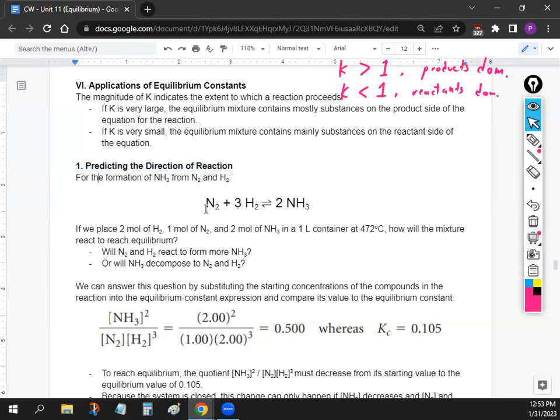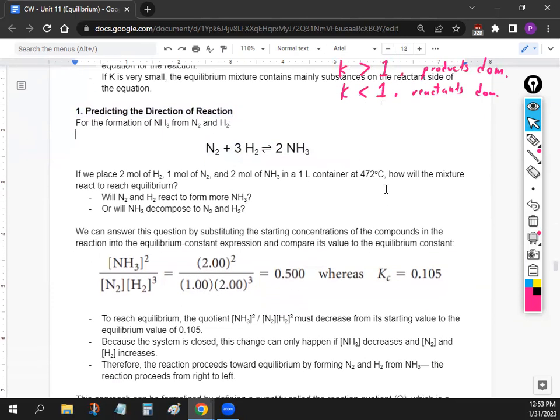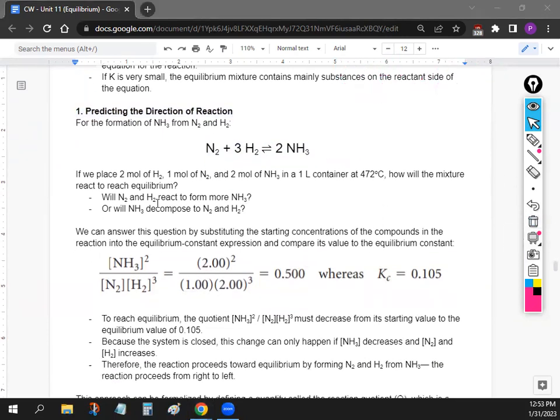So we have a reaction right here, N2 and H2 to make ammonia. If we place these concentrations of these gases in a container, we're basically going to look at how the mixture will react to reach equilibrium. Whether these two will react to form this, or if this will break down into this.